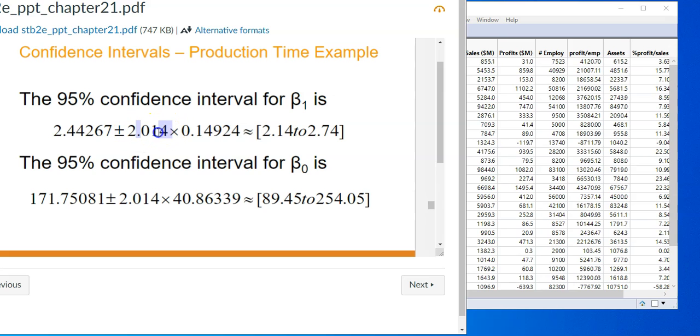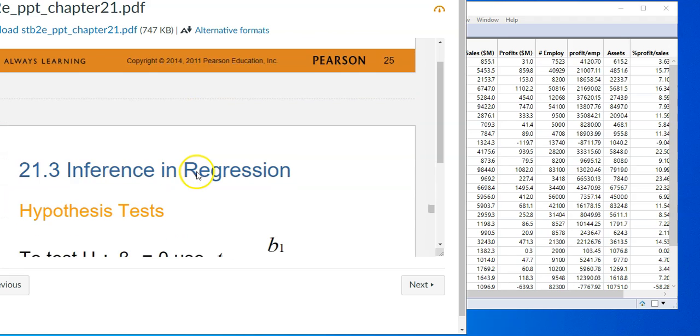This amount of standard error, the standard deviation of errors around the slope, creates that interval. That is the interval of 95% of our data in that range. And the same thing for B0, the intercept. We can also create that interval. I'm going to show you in JMP how to calculate these numbers. You will never have to calculate it yourself. With a few clicks, you can get those numbers out.